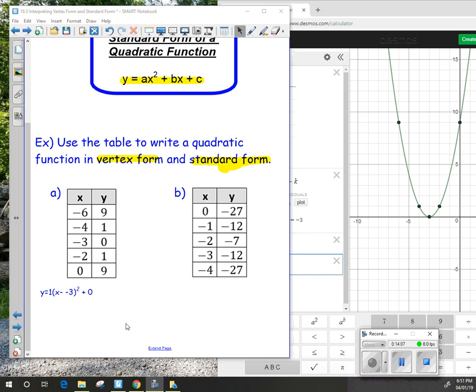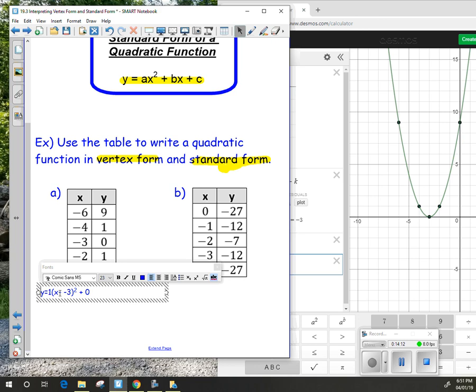Now, I would say that in this case, this is fine. It's acceptable, but remember, we don't usually like to leave a double negative in a problem like that.